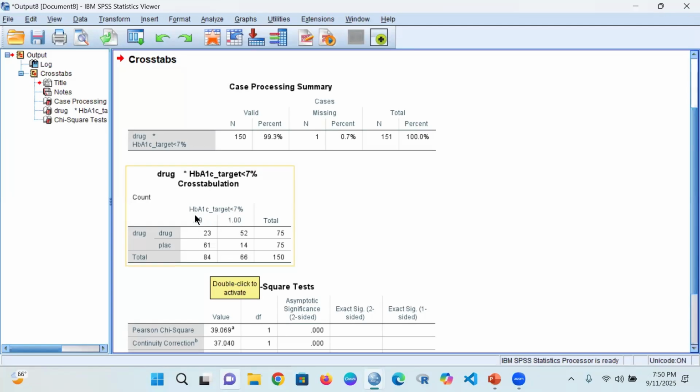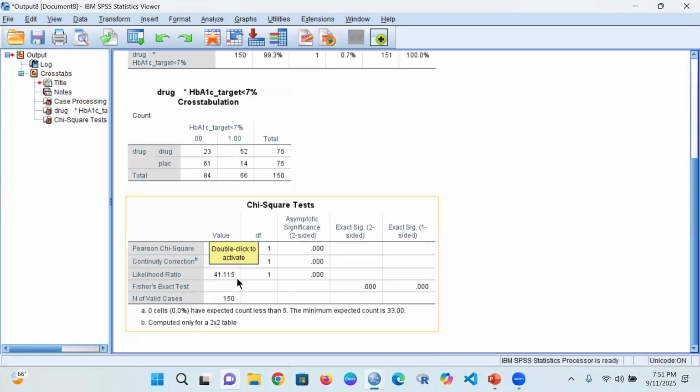So 52 out of 75 patients achieved the HbA1c target. Here also you can see 14 out of 75 patients in the placebo also reached the HbA1c target.